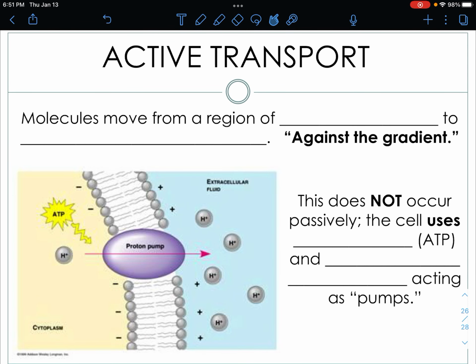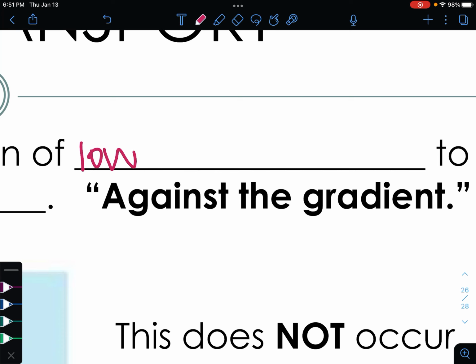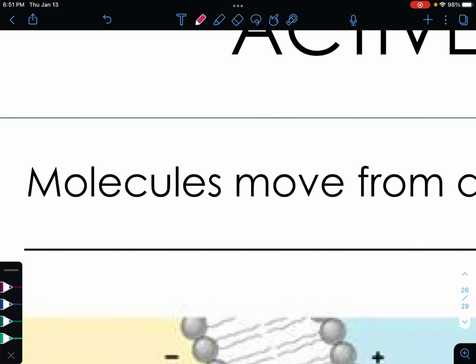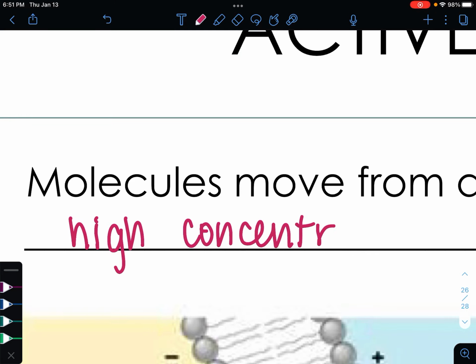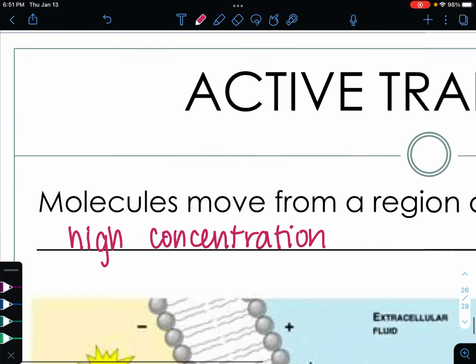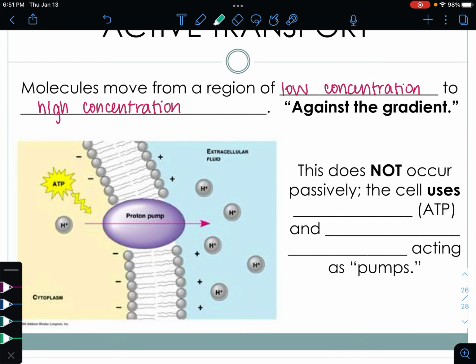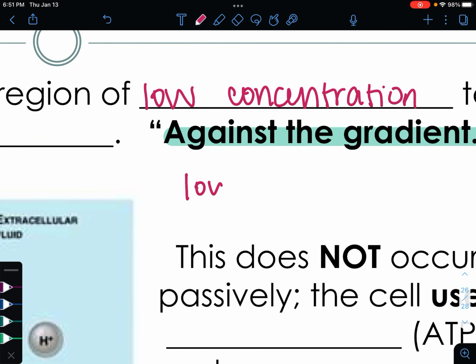All right, now we're going to talk about active transport. Active transport is the opposite of passive transport. In this case, molecules are going to move from an area of low concentration to an area of high concentration. When this happens, we call this going against the gradient. So we're going from low to high.